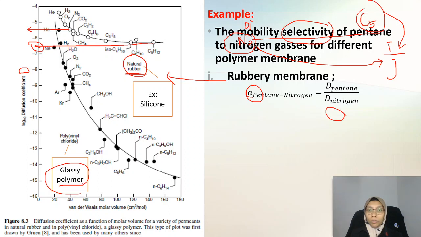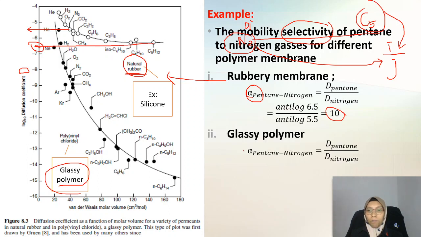If you are talking about the glassy membrane, which can be made from PVC, polyvinyl chloride, the equation should be the same because we are going to calculate selectivity. The top one should be pentane. Where is your pentane here? And over the nitrogen. Where is your nitrogen? Yes, nitrogen.